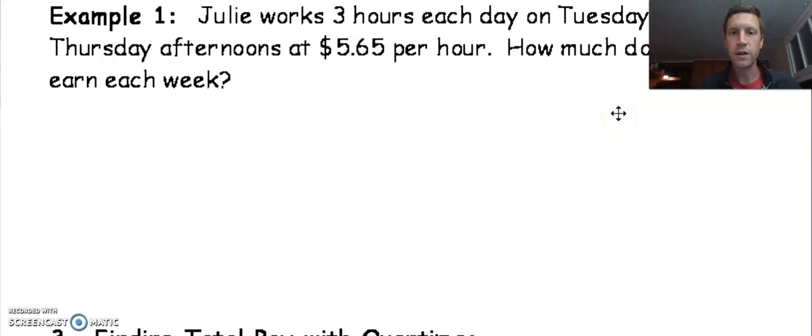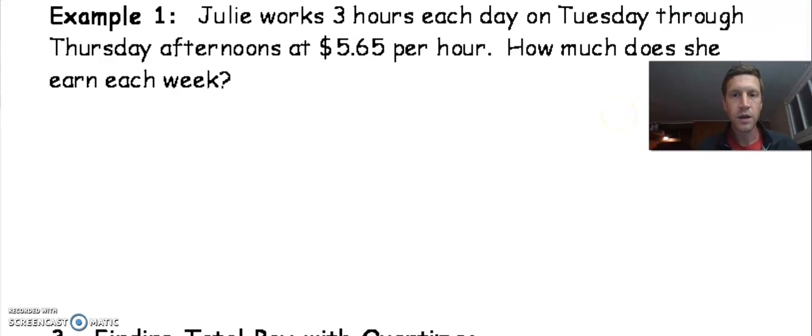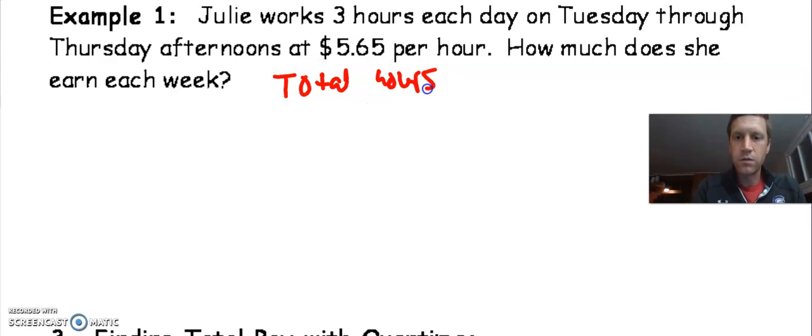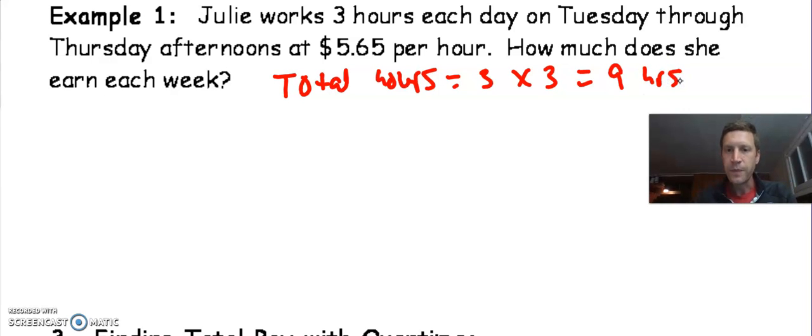So let's take a look at an example here. Julie works 3 hours each day on Tuesday through Thursday. So how many days is that? Tuesday, Wednesday, Thursday. 3 days, 3 hours each day. So I'm going to stop right there and think about, okay, how many total hours am I working? 3 hours a day times 3 days, that's going to be 9 hours. So I'm getting paid to work 9 hours. Julie makes $5.65 an hour. How much does she earn each week?